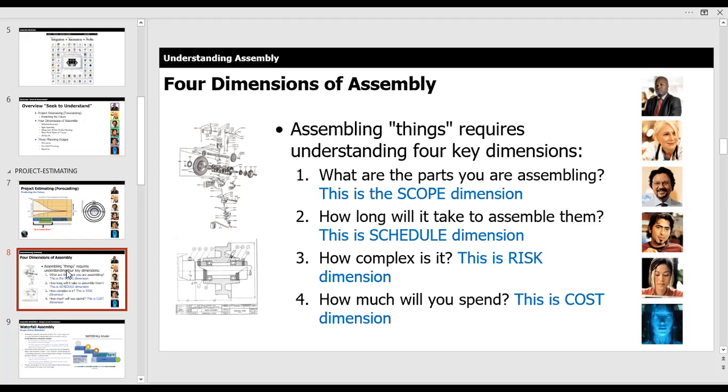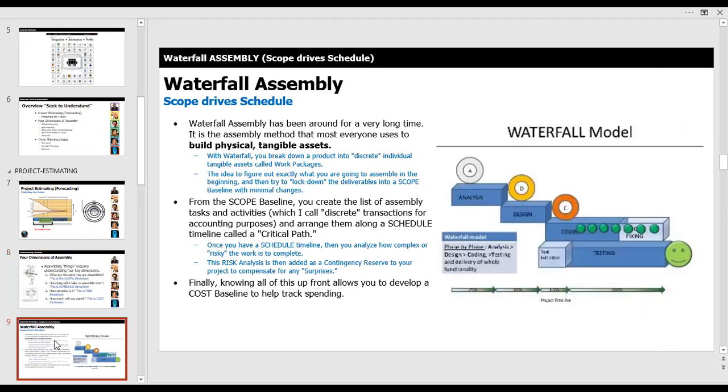So really, technically, for most of us, there's really just 2 types of assembly as a methodology. There's waterfall, which I'm only going to show this one slide. And if you were in the previous session when we talked about this, the way you remember waterfall versus agile is that in waterfall, your scope drives your schedule, meaning you figure out what you want to create at the beginning, the whole thing, and then you break everything down into its smallest discrete individual assets called work packages.